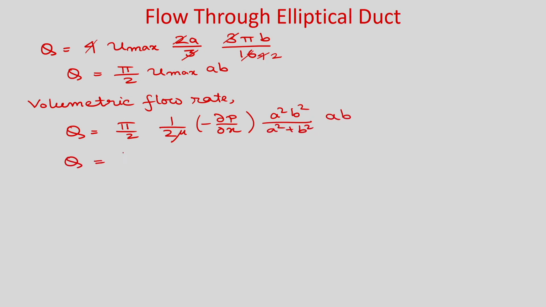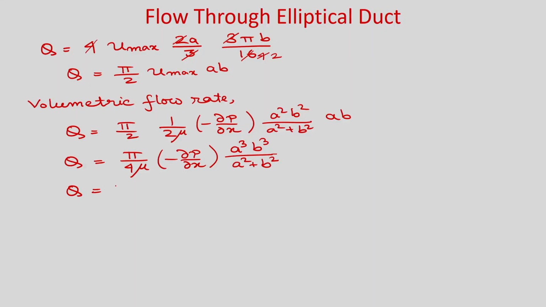So, Q will be pi by 4 mu minus del p by del x a cube b cube by a square plus b square. Okay. So, you can see this term minus del p by del x is positive, right.